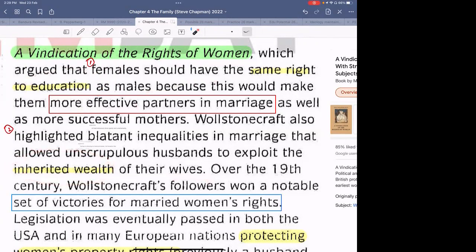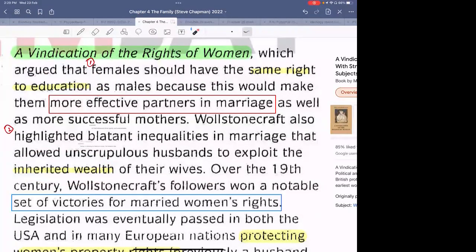Number two, back then, a husband used to inherit the wealth of his wife. Sadly, it still happens in our part of the world. Yes, a husband used to inherit the wealth of his wife, and according to this book, this should come to an end as well.